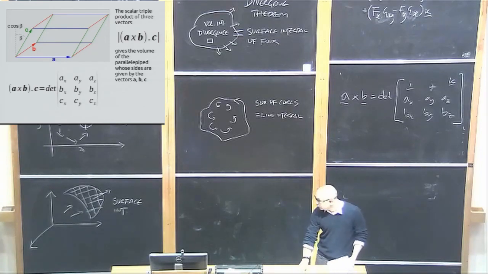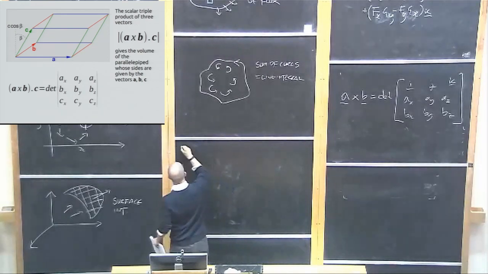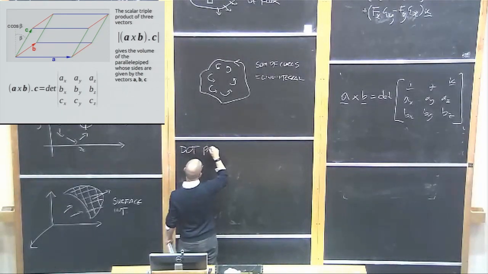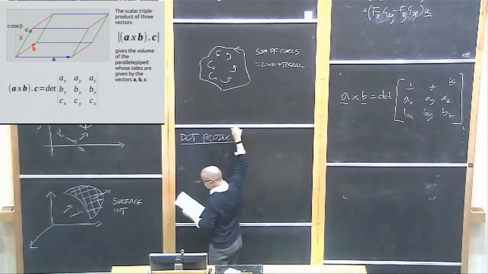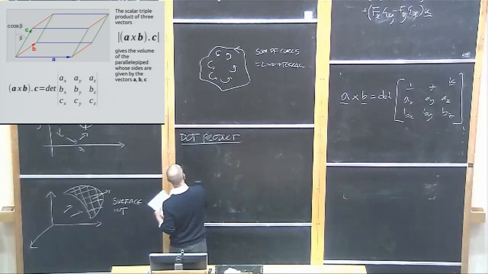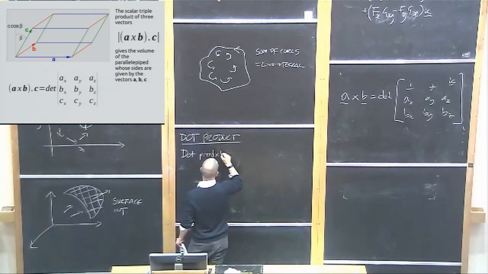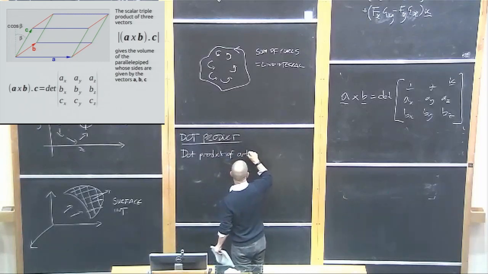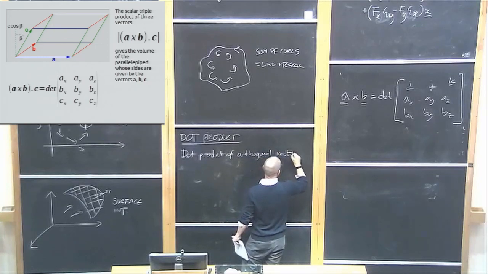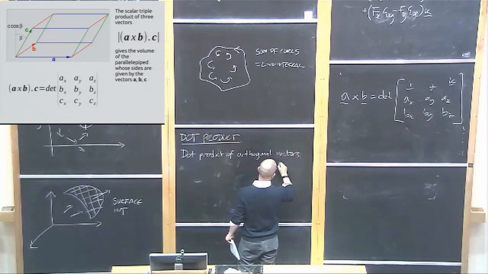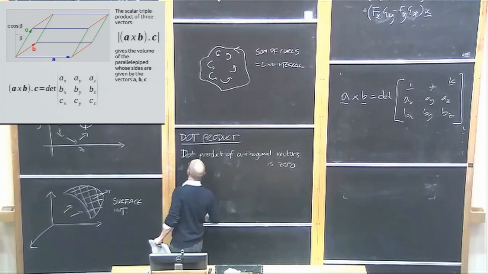Okay, so here are some important properties of vectors which you will need to know. So in terms of the dot product, the dot product, as you know, of orthogonal vectors is 0.